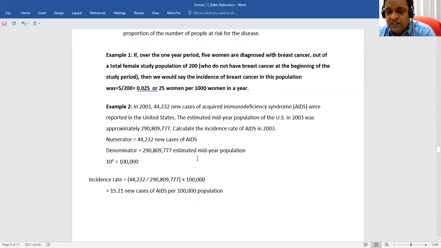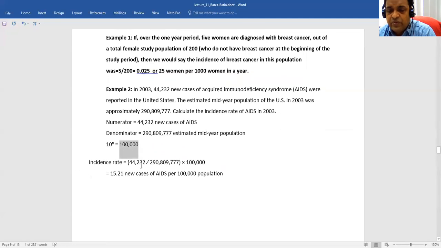We express this per lakh population, or per 100,000 population. So you divide the total number of people who developed AIDS by the total population of the US at that time, and multiply by 100,000, or 1 lakh.